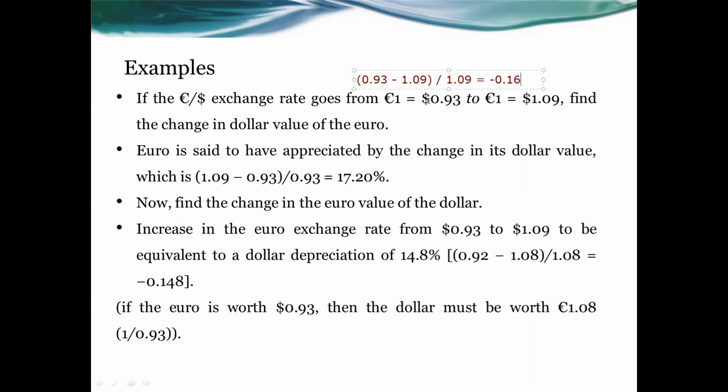Earlier, per euro we had to pay $0.93, but now per euro we have to pay $1.09. Now the dollar value is increased, meaning the exchange rate between dollar and euro is getting declined.